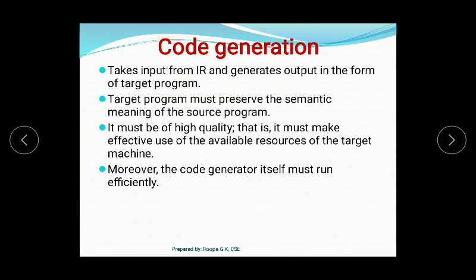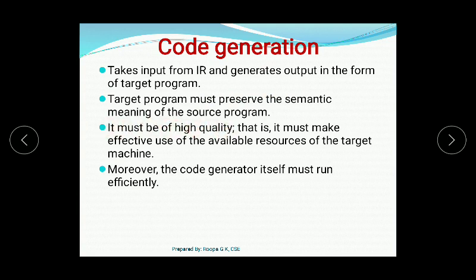Now, the target program must preserve the semantic meaning of the source program. That is, when a statement is converted into a target language statement, it should have the same meaning as that of your source language. That preservation of meaning must be there. Then another requirement is about quality.